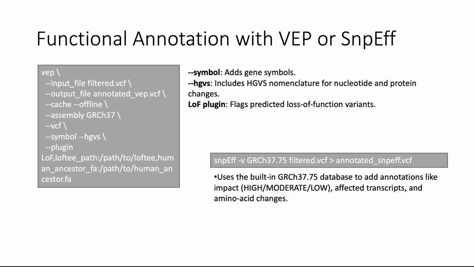We can go deeper and use functional annotation with VEP or SnpEff, and these tools will add gene symbols and include information on how this nucleotide change will result in protein changes.